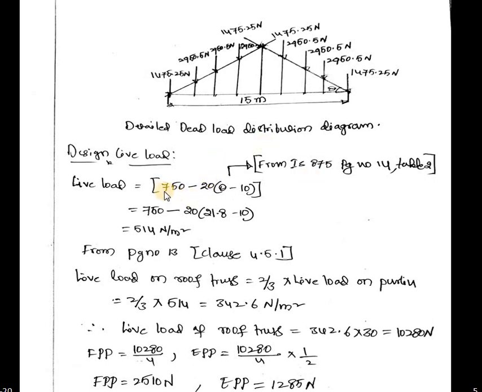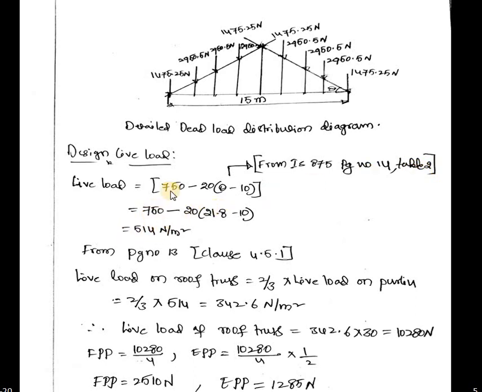This is the formula. In your code book it is 0.75 kilonewtons. Here I am taking in terms of Newtons only, that's why 750 minus 20 times theta minus 10. This formula is available in IS 875, page number 14, table number 2.